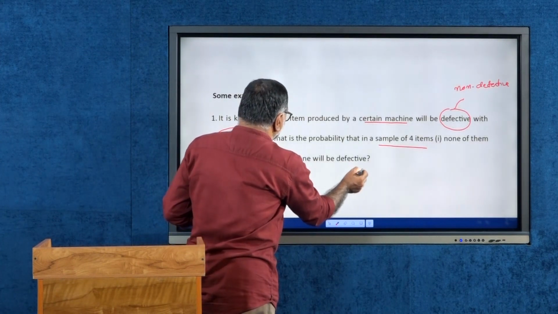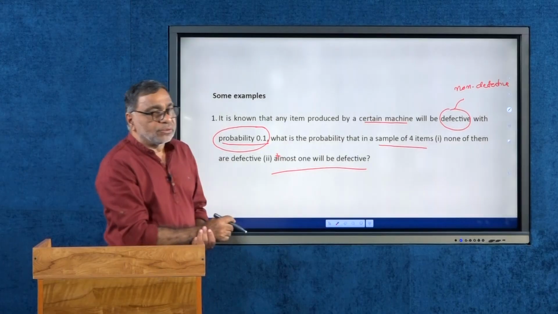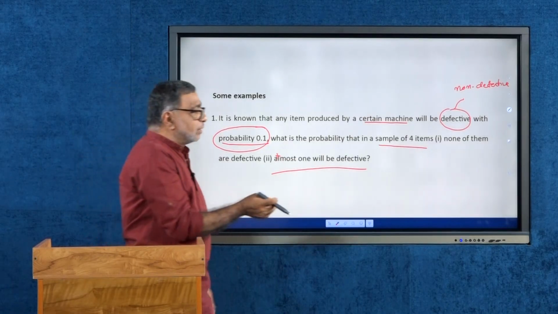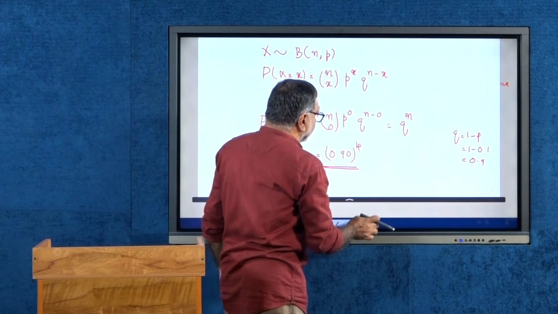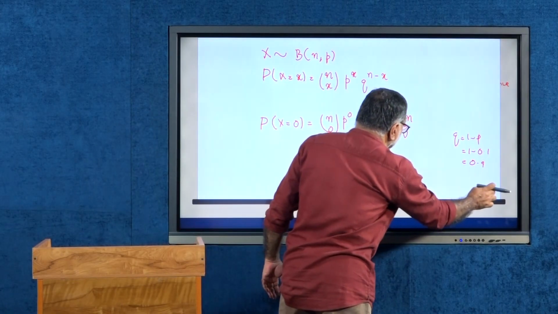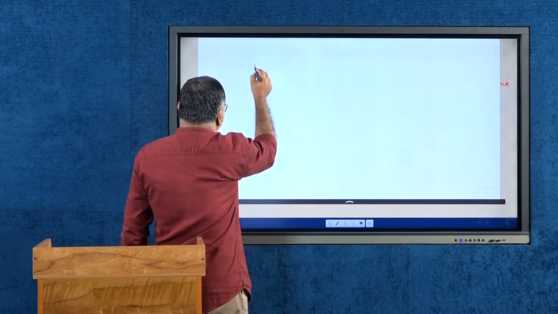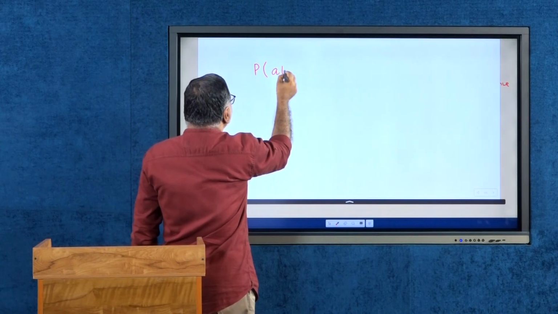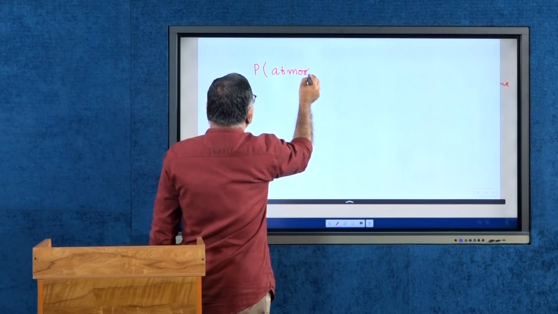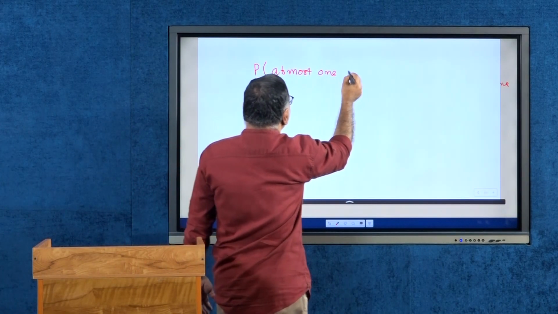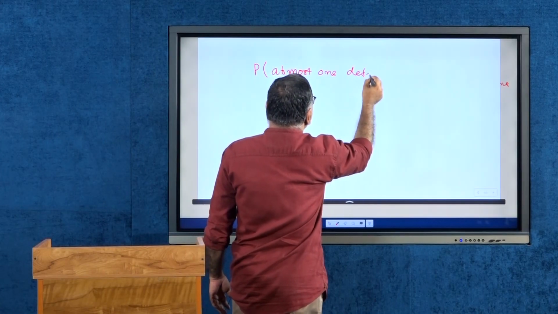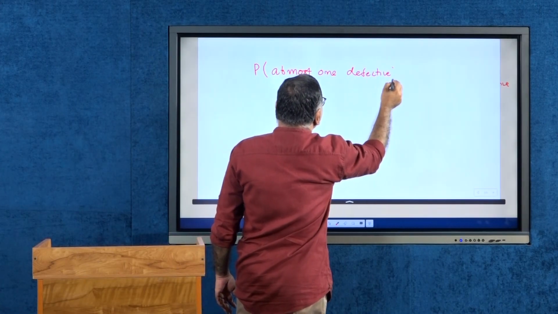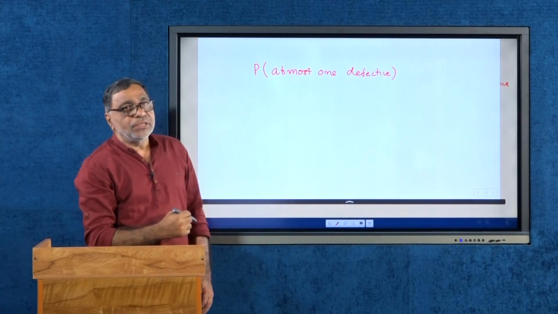And again, the next is at most one will be defective. What is the probability of getting at most one defective? Out of the selected items, at most one of them will be defective.